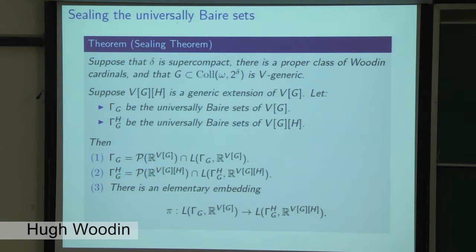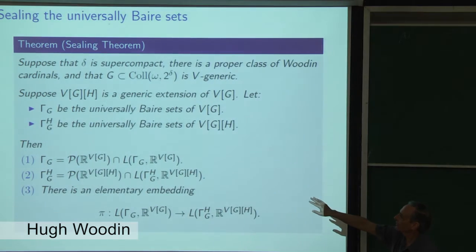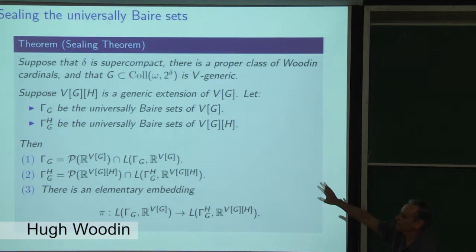If delta is supercompact and you collapse 2 to the delta to omega, and then you take a forcing extension of that, so we're collapsing the 2 to the delta to omega, and then taking a generic extension of that, that's V[G][H]. We can form the universally Baire sets in V[G], and we can form the universally Baire sets in V[G][H].